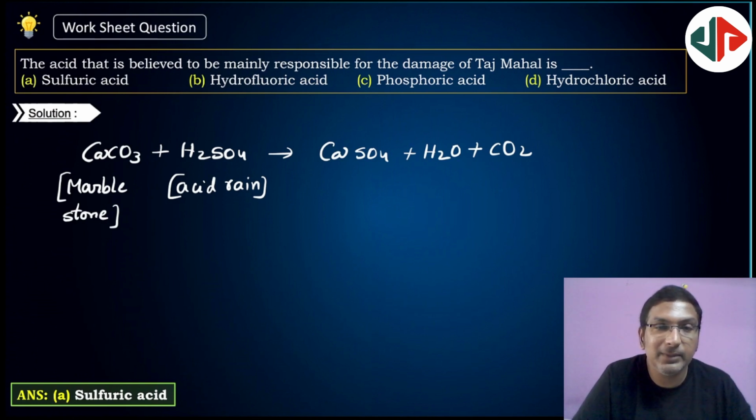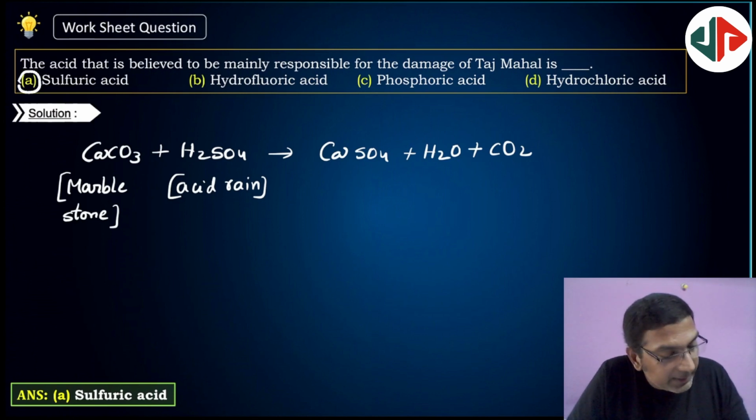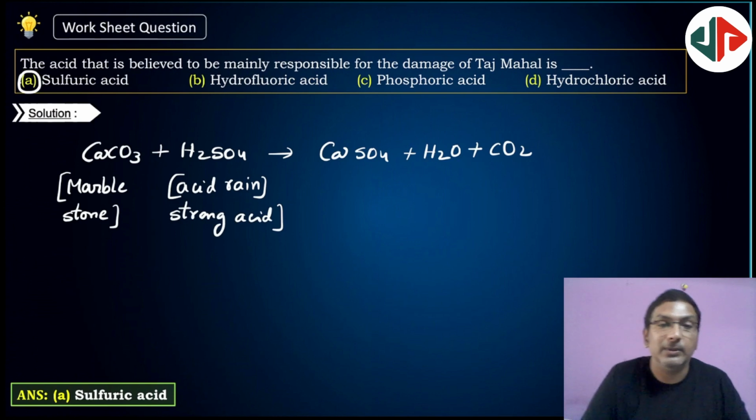H2SO4 interacts with marble stone to form CaSO4, H2O, CO2. So this reaction is mainly responsible for damage of Taj Mahal. Option A, it is a strong acid. It damages marble stone.